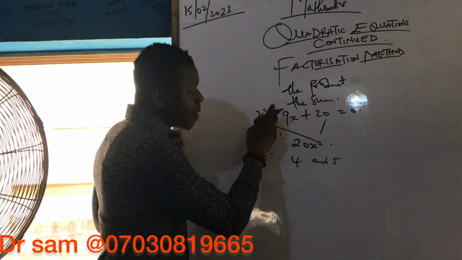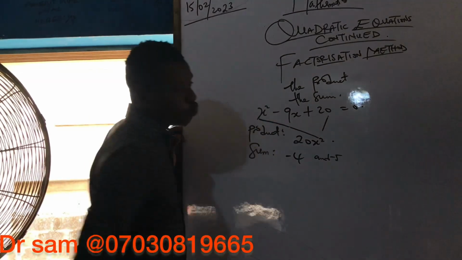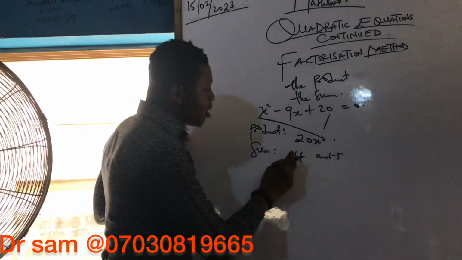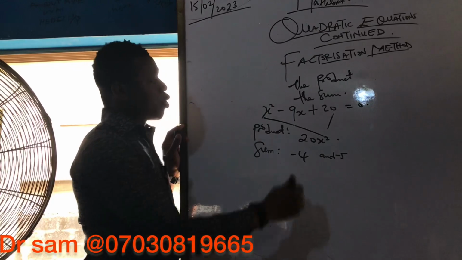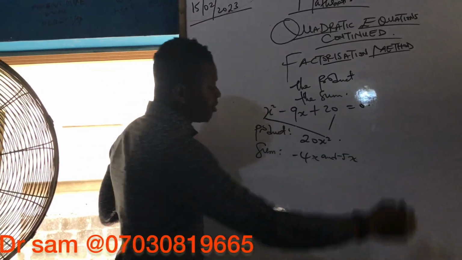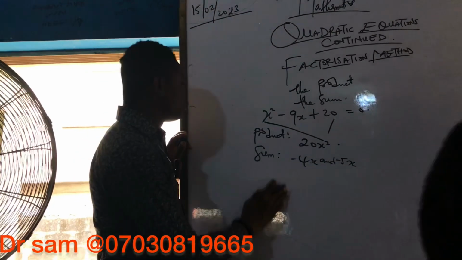But because I have a negative sign, minus should be here, minus should be here, because minus times minus gives a positive product. Then you put in the variable x. So this is the product and this is the sum.